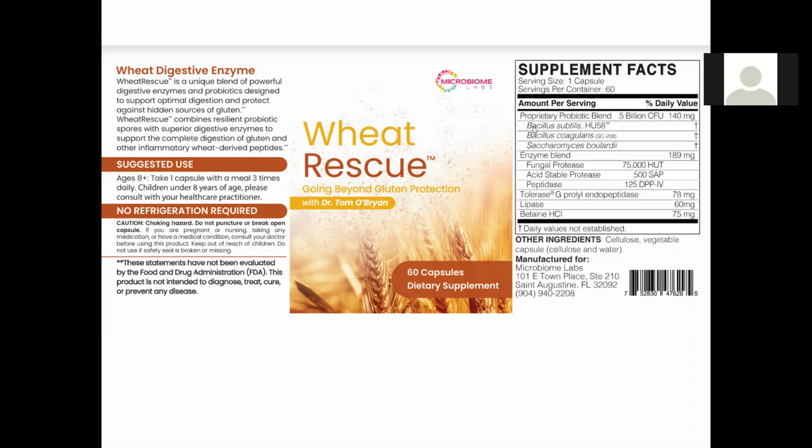And then you see we also have some of our spores and Saccharomyces boulardii. So this is very effective at keeping the gut intact and working as a maintenance dose once a person is out on their own trying to find restaurants and shopping for themselves. So the hidden gluten will be processed properly.